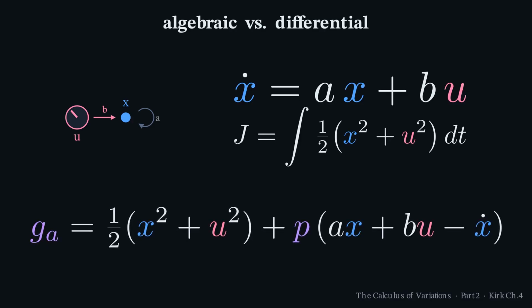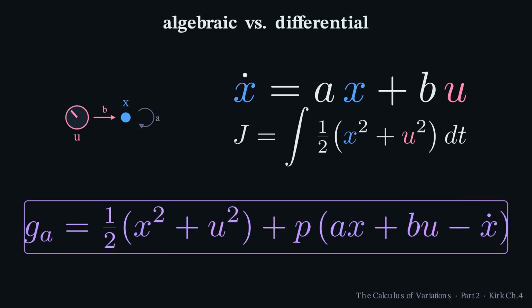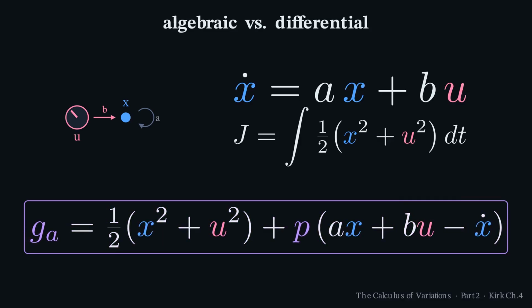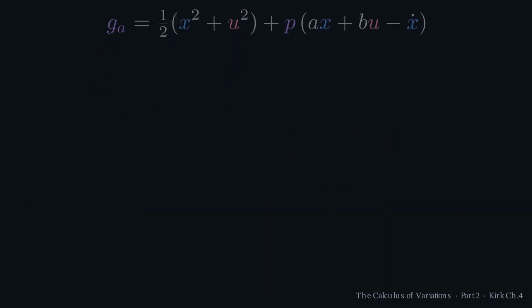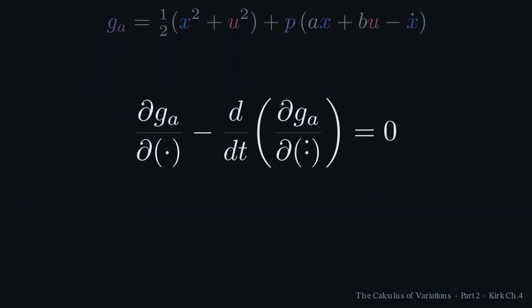Form g minus a, as always: 1/2 x squared plus u squared plus p times the quantity a minus x plus b minus x dot. Remember, the Euler equation has two pieces: the partial of g minus a with respect to a variable, minus the time derivative of the partial with respect to that variable's rate. Keep your eye on that second piece.